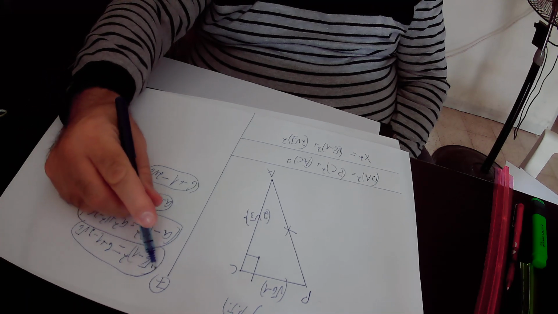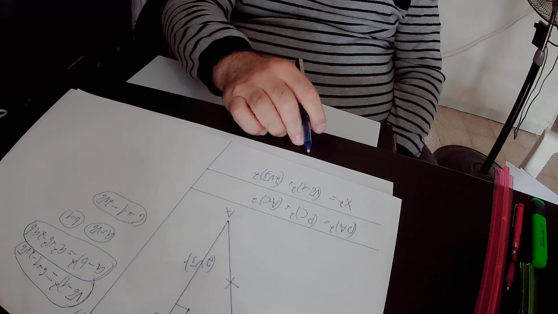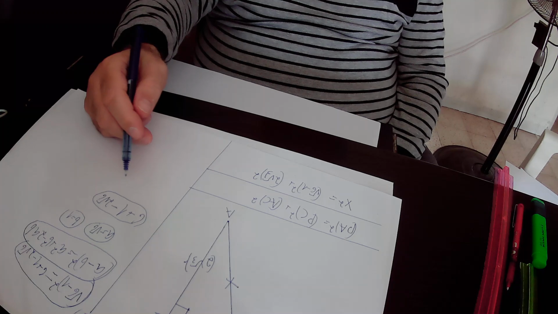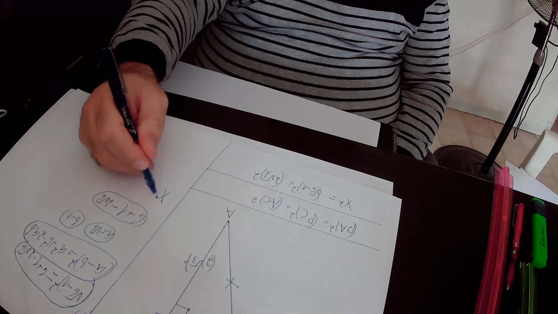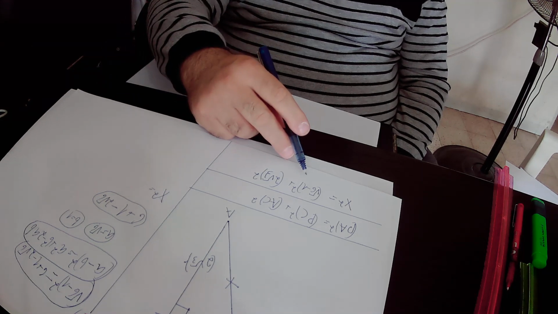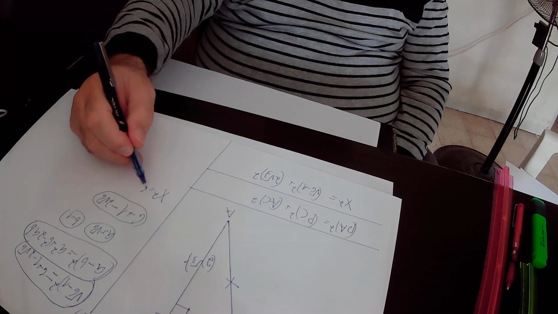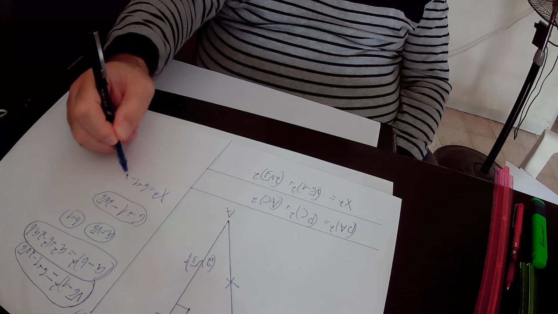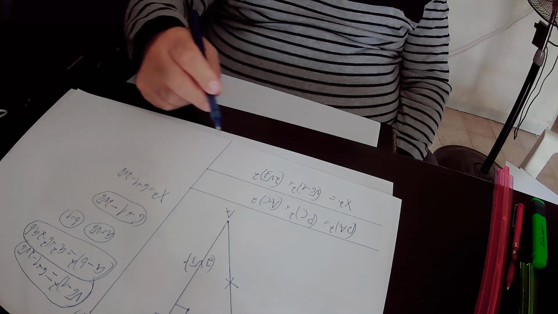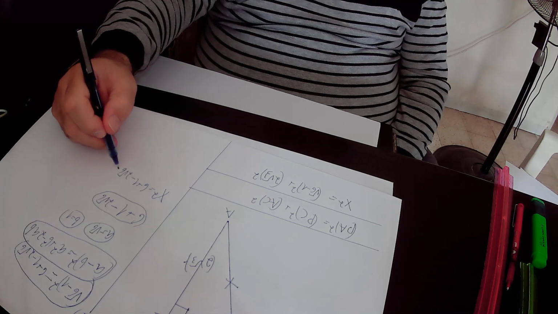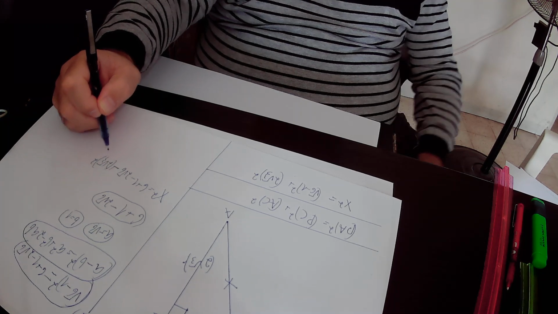Now we will substitute square root of 6 minus 1 squared in this equation by 6 plus 1 minus 2 times square root of 6. So we get that x square equals the square root of 6 minus 1 squared, and the square root of 6 minus 1 squared equals 6 plus 1 minus 2 times square root of 6, plus 2 times square root of 3 squared.